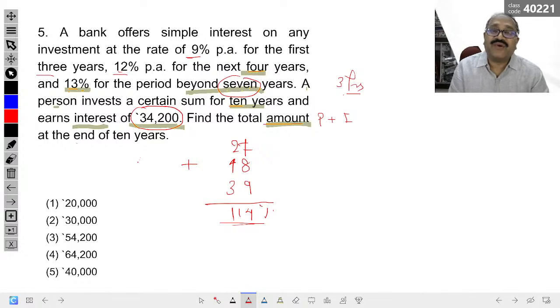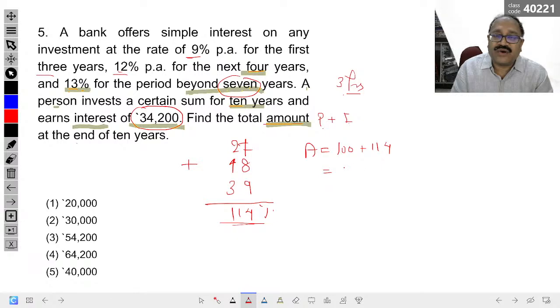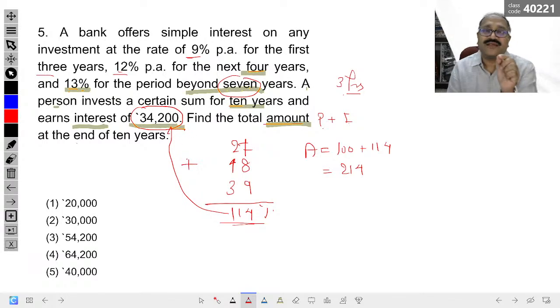The amount will always be principal plus interest. The principal is always 100% and the interest is 114%. That means your amount is 214%. You already know 114% is equal to 34,200. Then what is 214%?